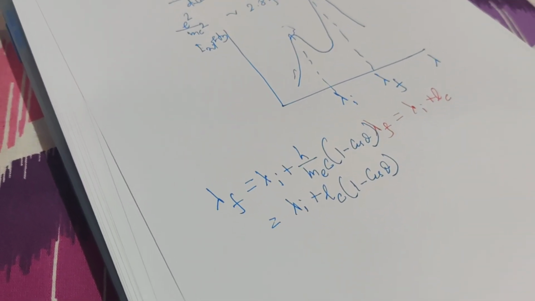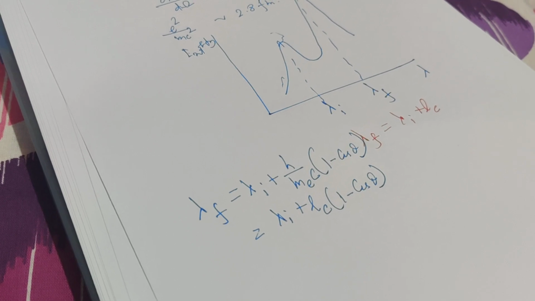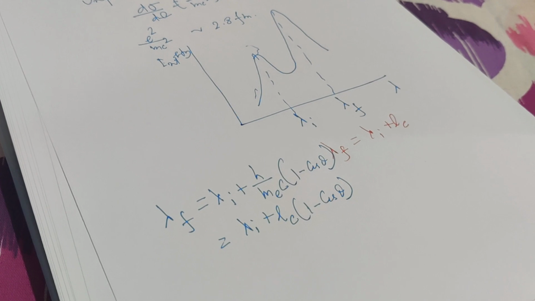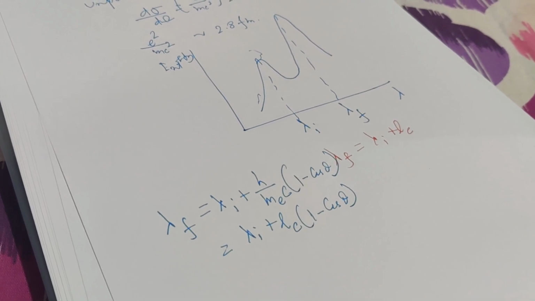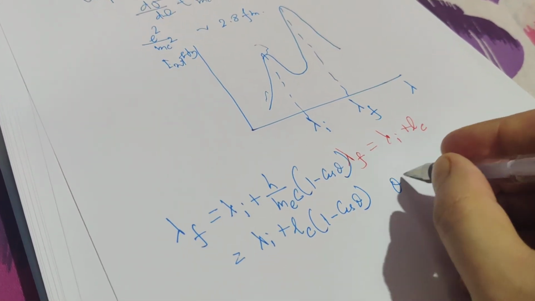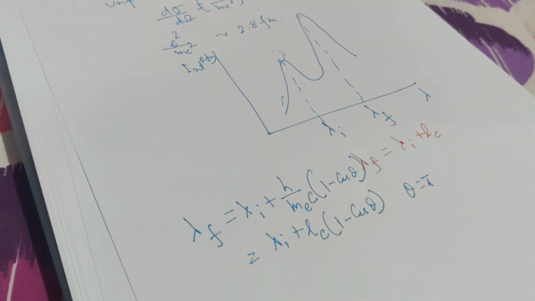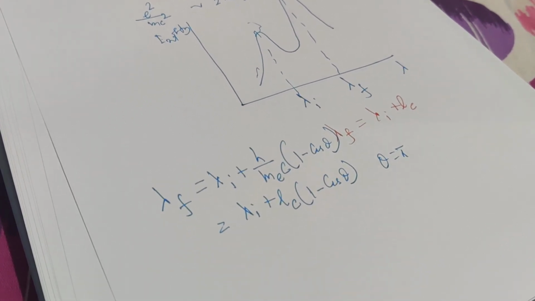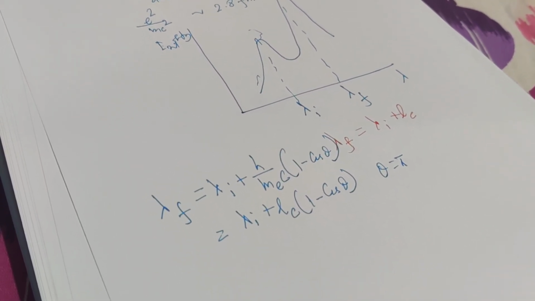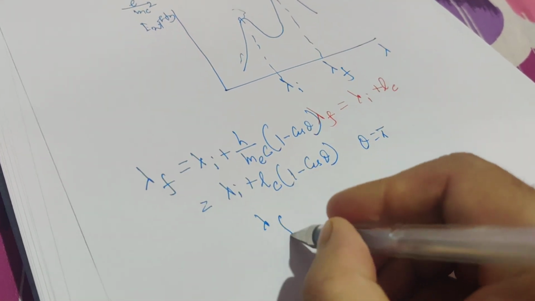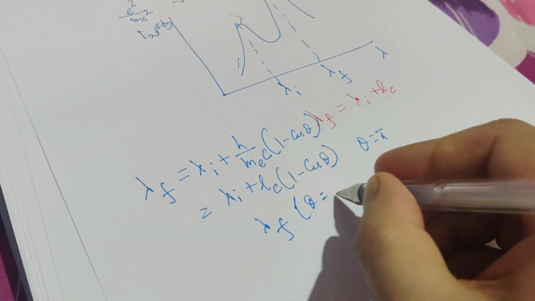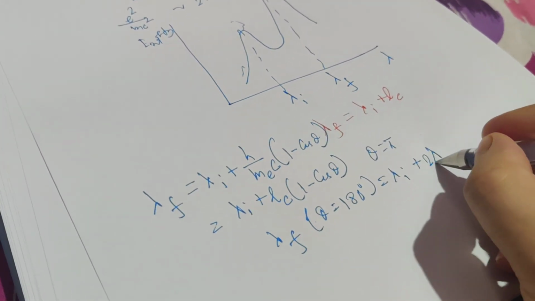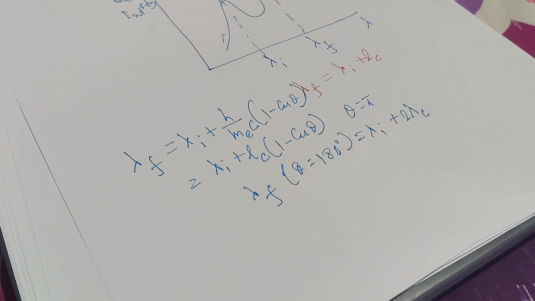So we note the appearance of the Compton wavelength of the electron, the particle the photon scatters off from, and the maximum energy loss for the photon occurs for theta equals pi, that is cos theta equals minus 1, that is 2 times lambda C. So this is a very important message: for theta equals 180 degrees, lambda f is lambda I plus twice lambda C, the Compton wavelength.